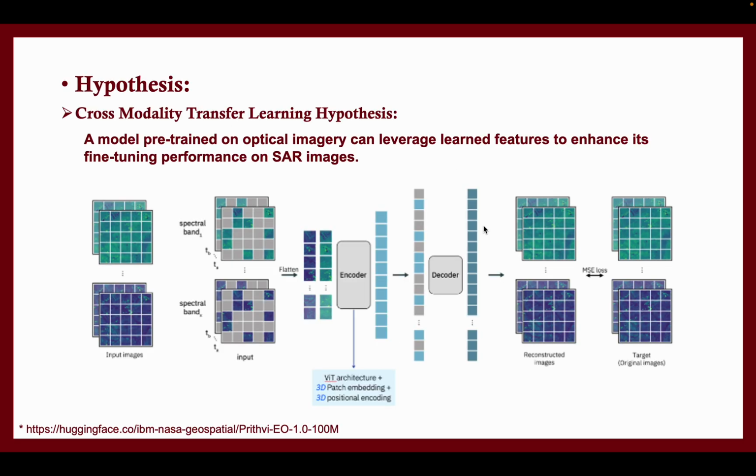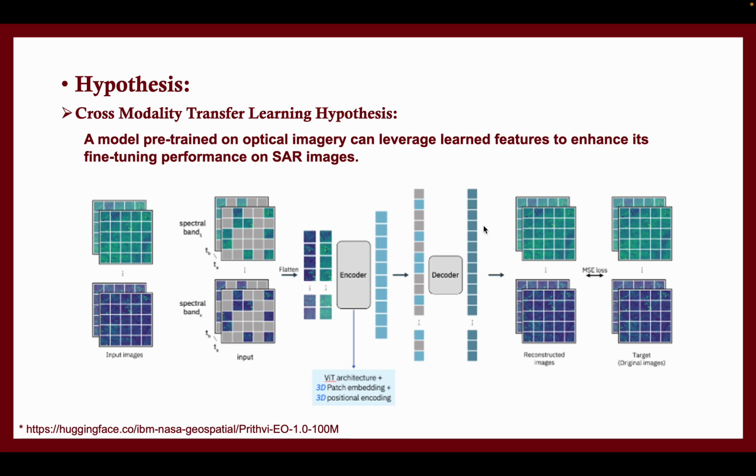So my hypothesis for this project was that if we have a model that is pre-trained on optical imagery, by optical imagery I mean an image with at least 3 RGB channels, and satellite optical imagery usually has more spectral bands as well, which are shortwave infrared 1 and 2 and near infrared.